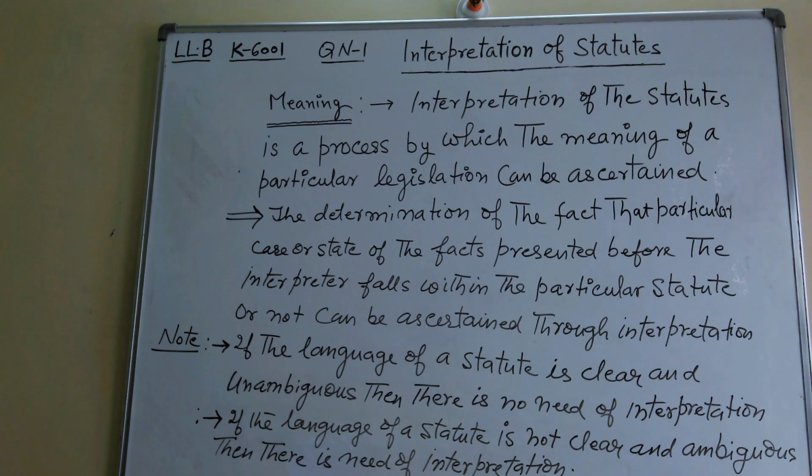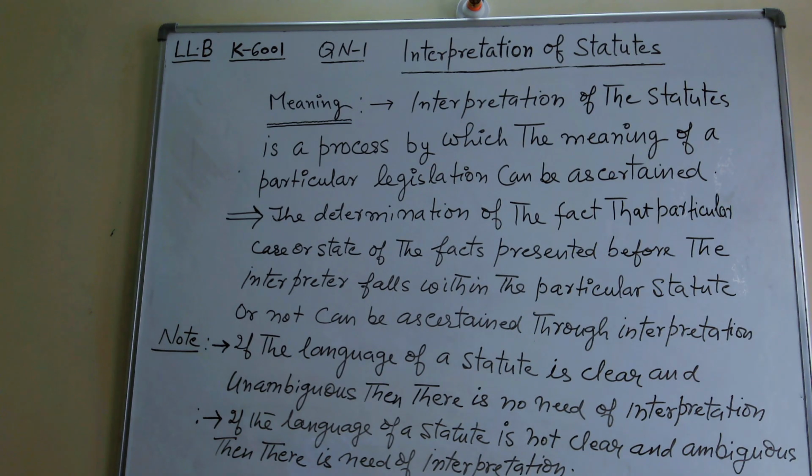Third point, normally the words used in a statute should be given their ordinary and natural meaning so that its literal and grammatical form may not be changed. This is the third point.